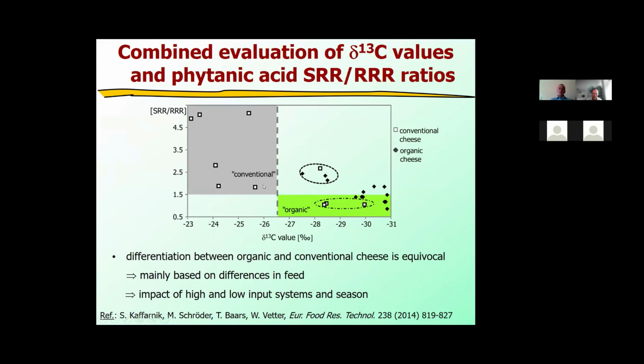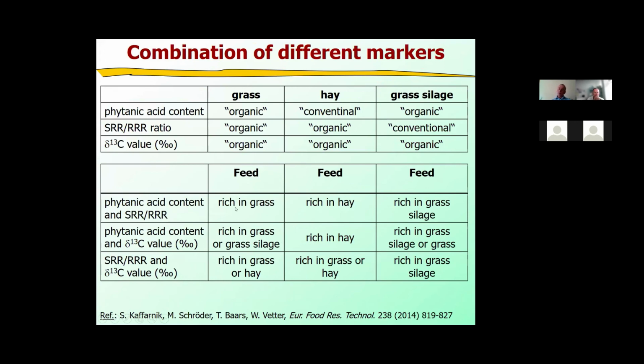So in such a case, only very simple examples can be distinguished from each other by means of the stable isotopes. But if you combine it with other data, like for example such a ratio as you can see here, you can find out, for example, what the cow consumed.